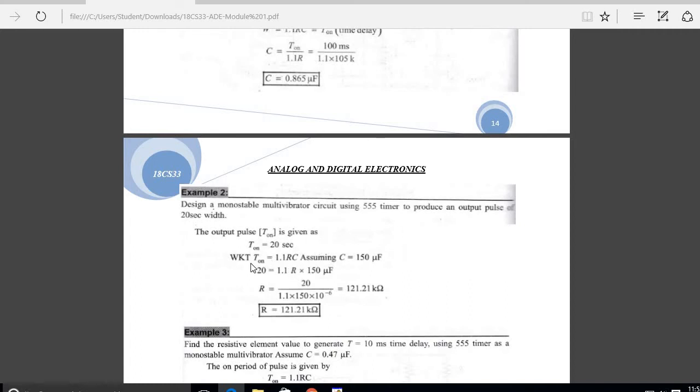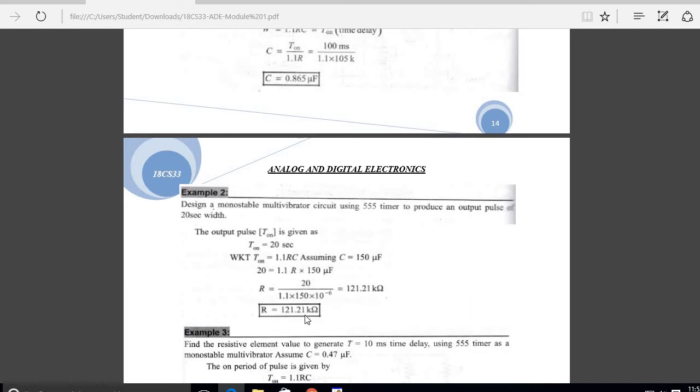He has not given the capacitor value either. So here what we have to do is assume the capacitor as 150 microfarad, substitute it, and find out R.